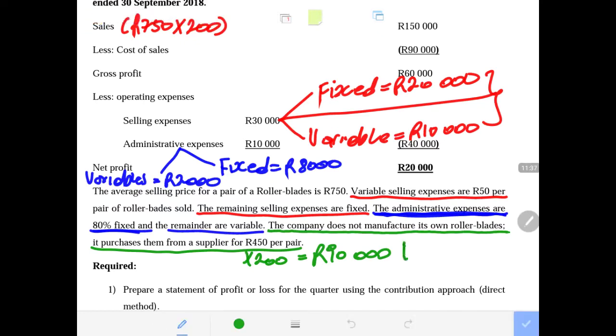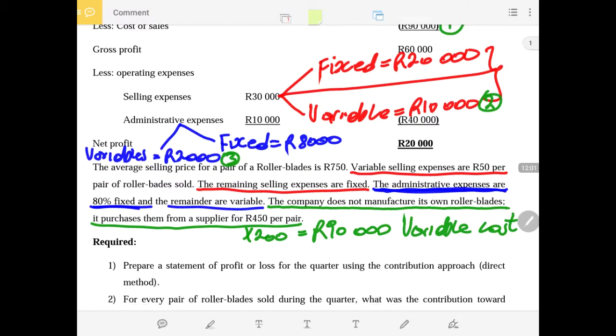Remember, this is a variable cost. Purchases are variable cost. So now we do have our variable cost number 1, variable cost number 2, variable cost number 3. This will be our focus in terms of the variable cost. So now we do have these 3 variable costs that we need to account for.